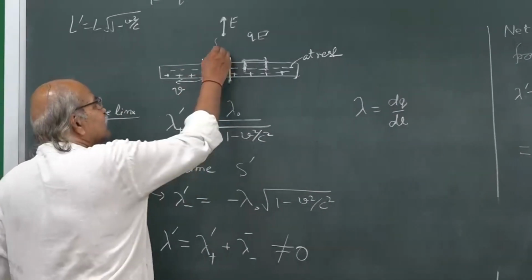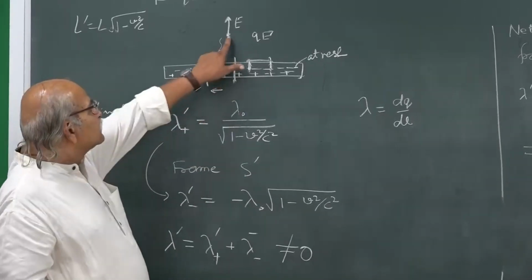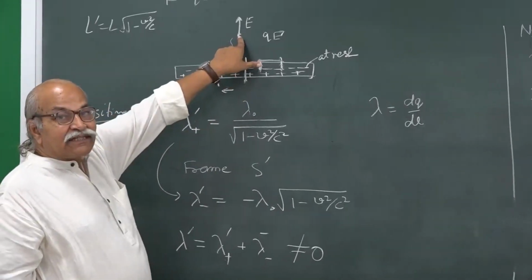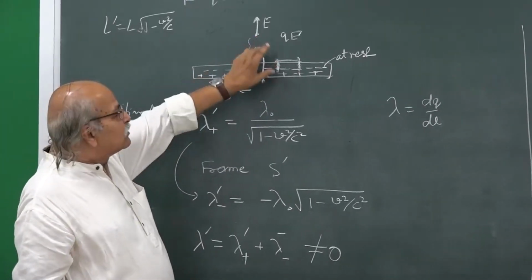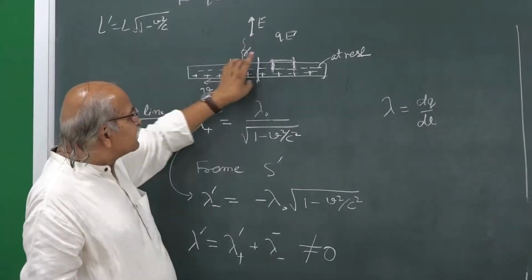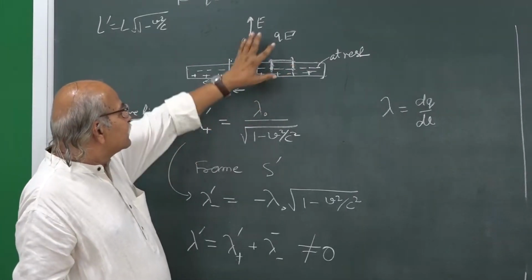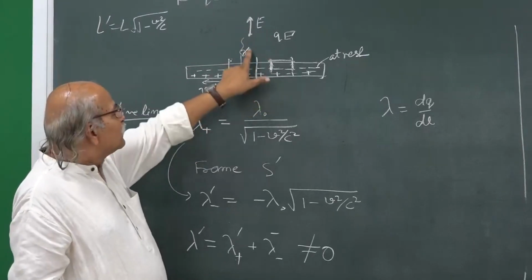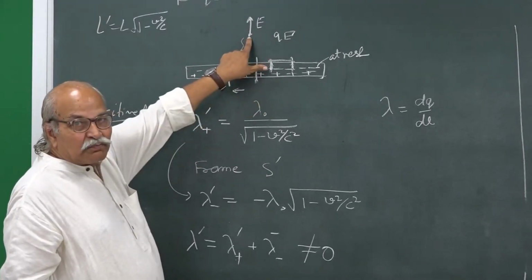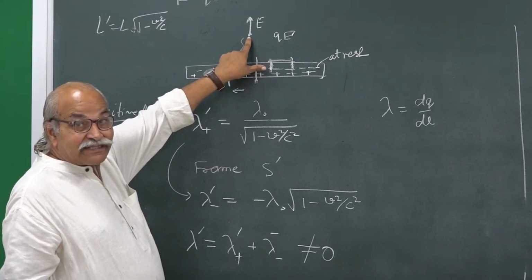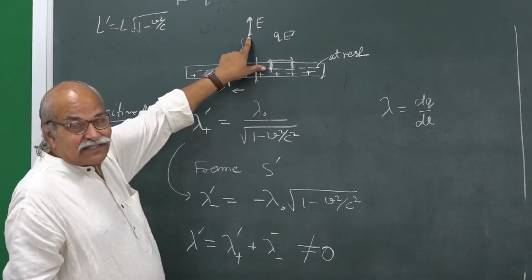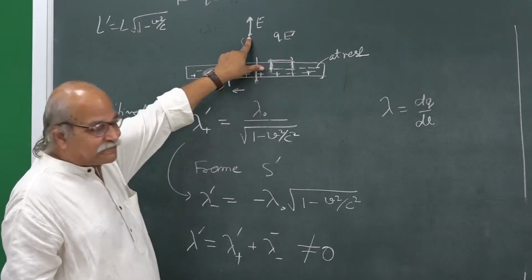So, at distance r, what will be the electric field? This positive linear charge density will create an electric field everywhere. So, how much is the electric field here at the position of this charge, which is now at rest in the trolley frame?